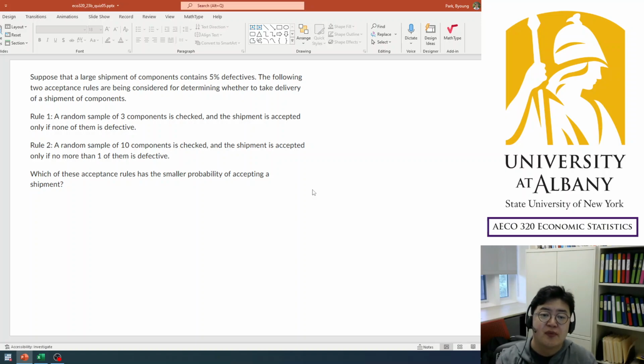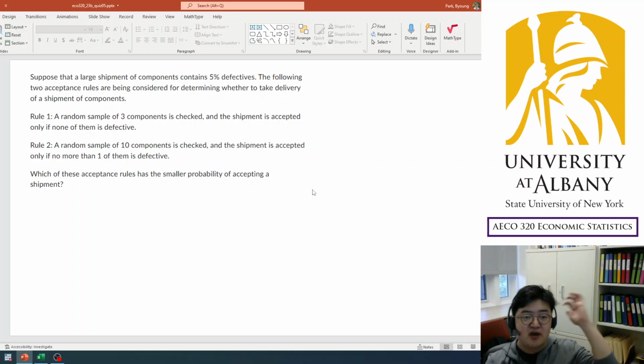Rule 2: a random sample of 10 components is checked, and the shipment is accepted only if no more than one of them is defective. Which of these acceptance rules has the smaller probability of accepting a shipment?